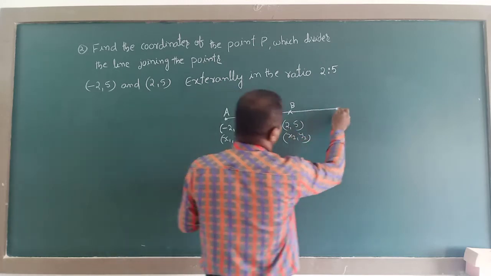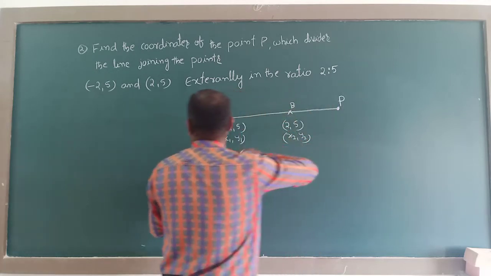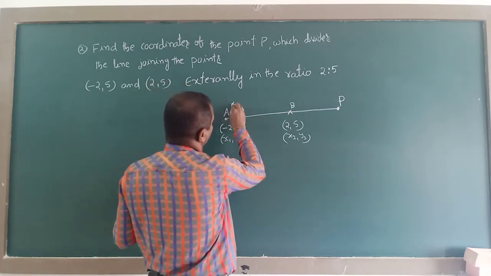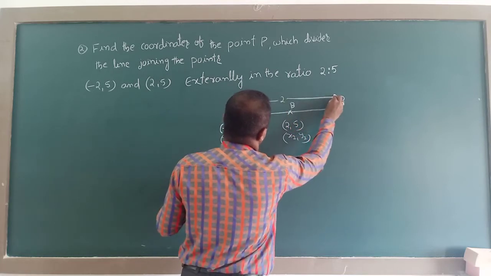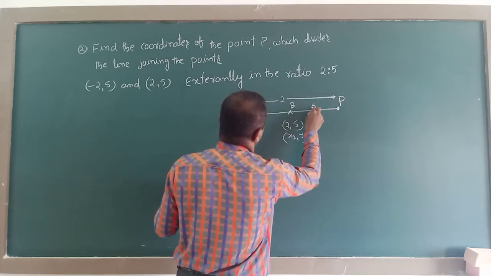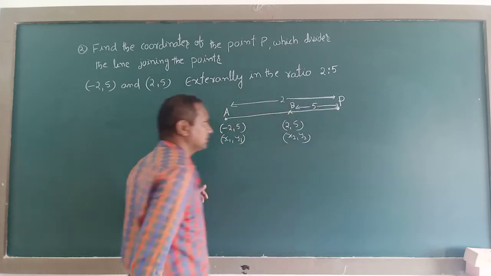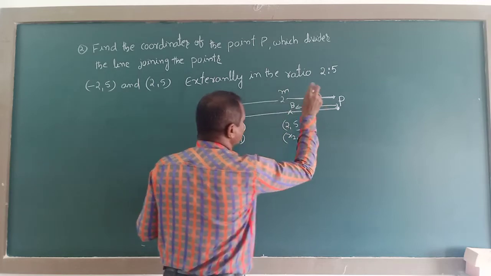And the division point from outside will come here, P. That ratio is 2:5. Here 2 is the m value and 5 is the n value.